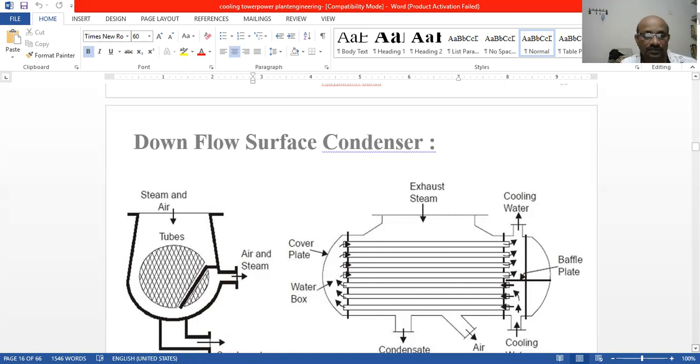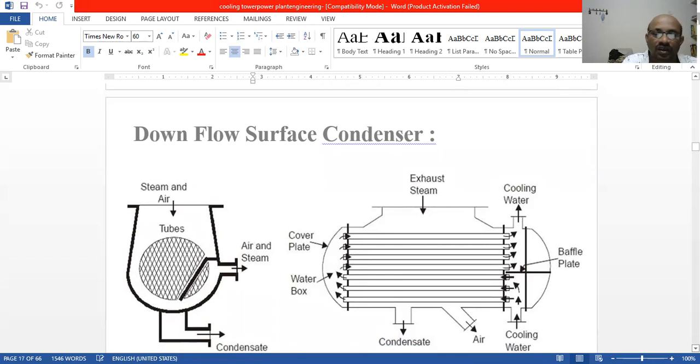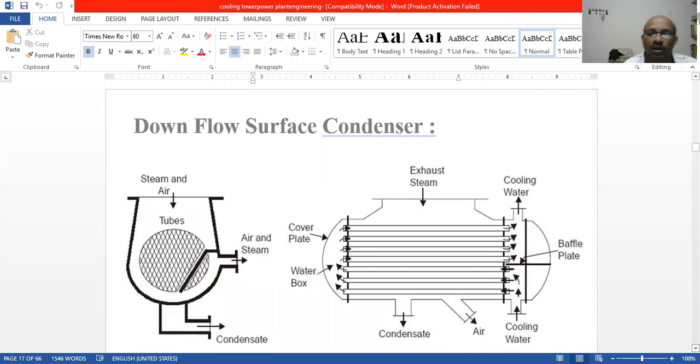See how many different types we are seeing. From the sectional view, you can see condensate coming and air coming.